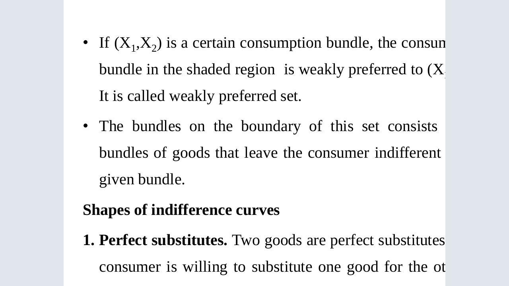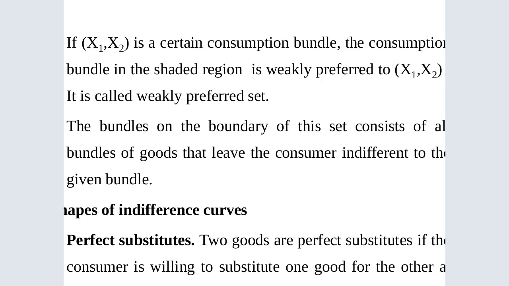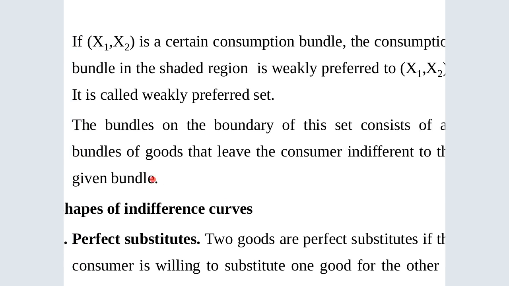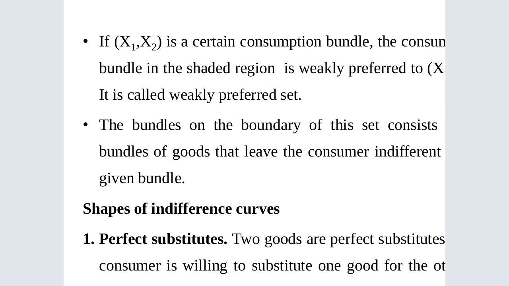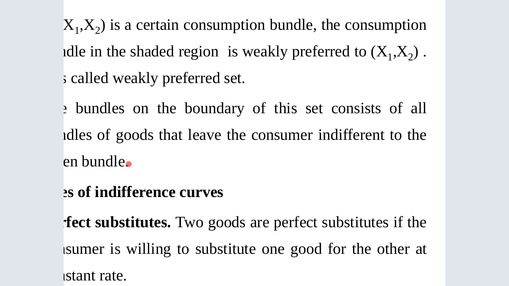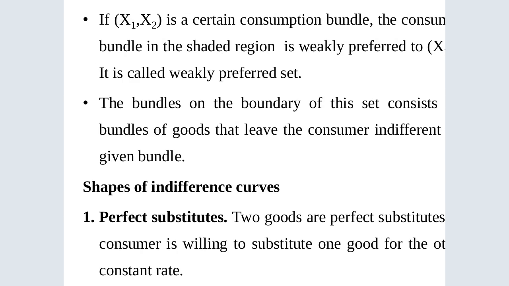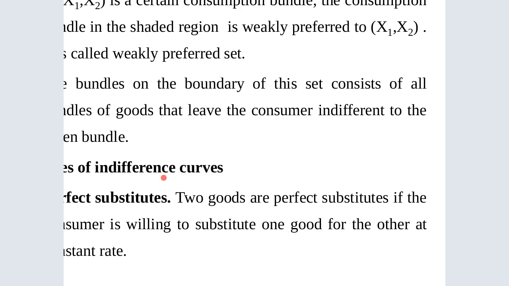Now, if X1 and X2 is a certain consumption bundle, then the consumption bundle in the shaded region, I said, is weakly preferred to X1, X2. And that area, that is the shaded region, is what we refer to as the weakly preferred set. Now, the bundles on the boundary of this set, that is on that curve, consist of the bundles of goods that leave the consumer indifferent.